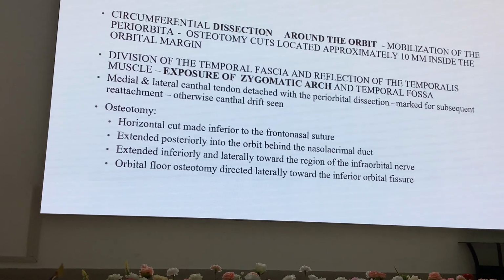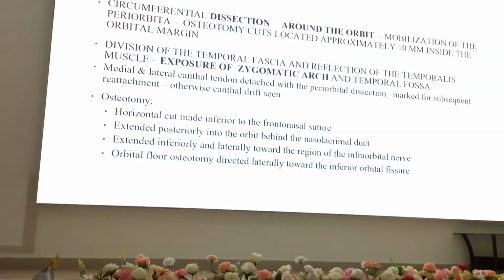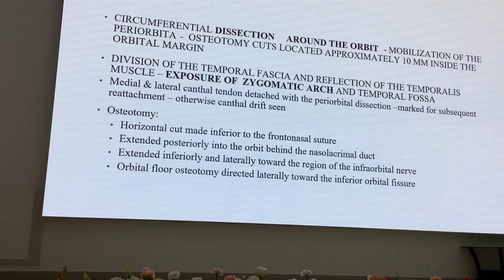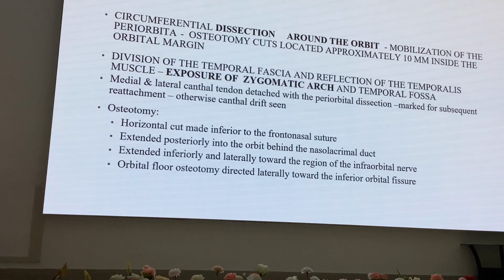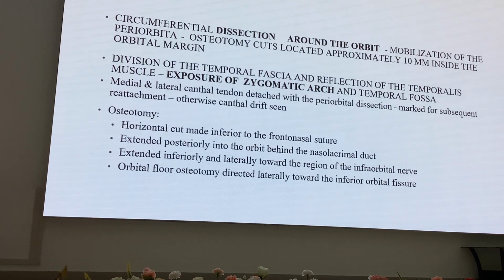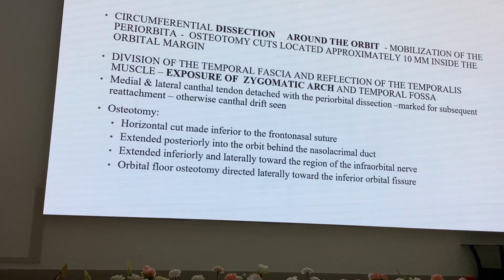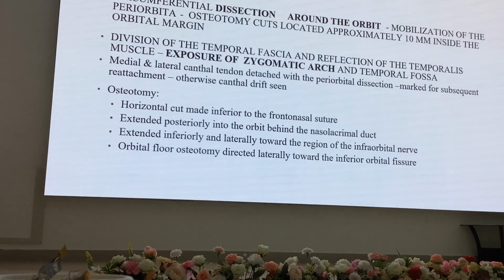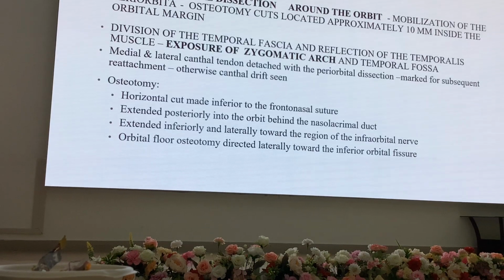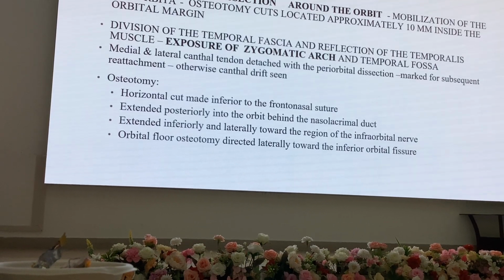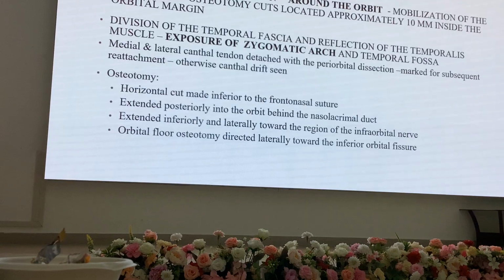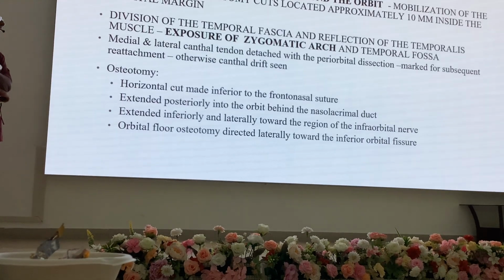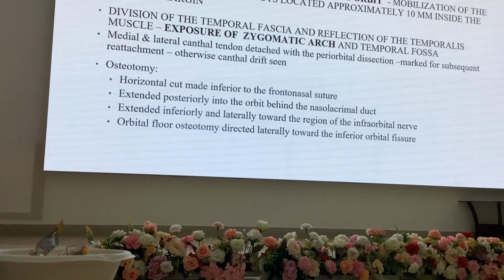Circumferential dissection has to be done around the orbit, and mobilization of the periorbita. The osteotomy is approximately 10 millimeters inside the orbital margin. Osteotomies are inferior to the frontonasal suture, extended posteriorly into the orbit behind the nasolacrimal duct, extended inferiorly and laterally towards the region of the inferior orbital fissure.